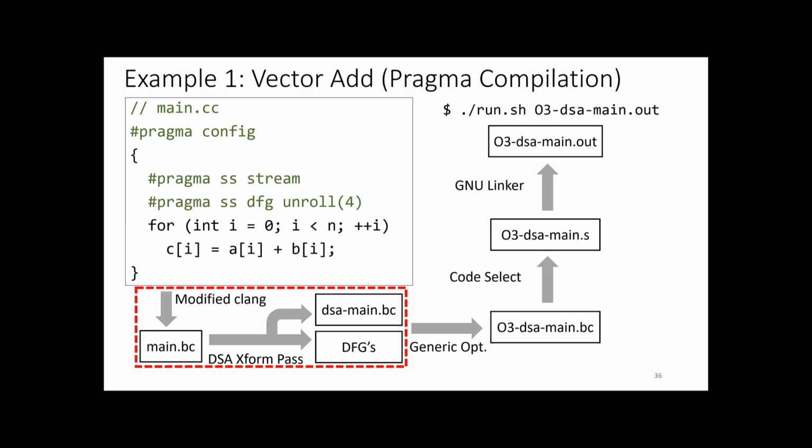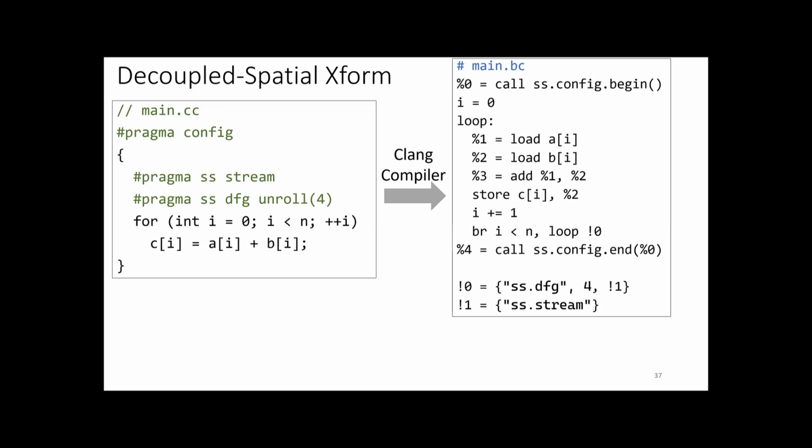I'll talk about something more interesting, which is the principle of the compilation: how the metadata are encoded and how the transformation pass leverages this additional information to rewrite the code.